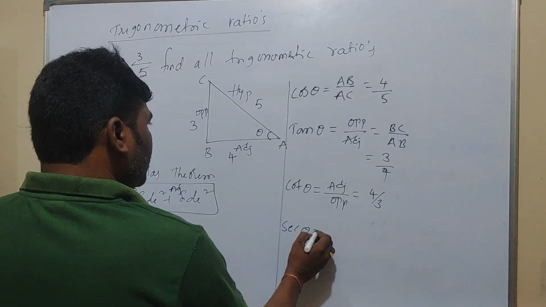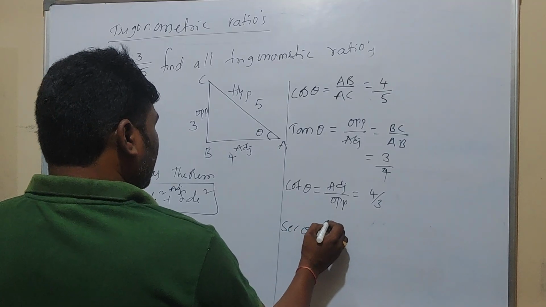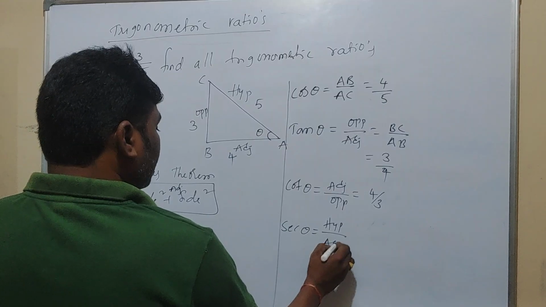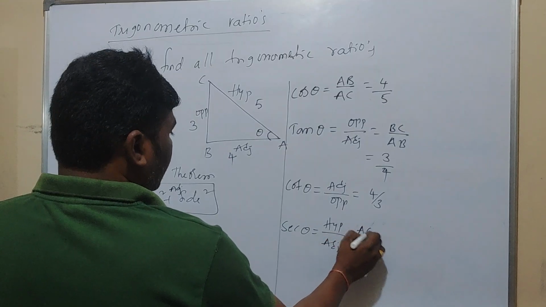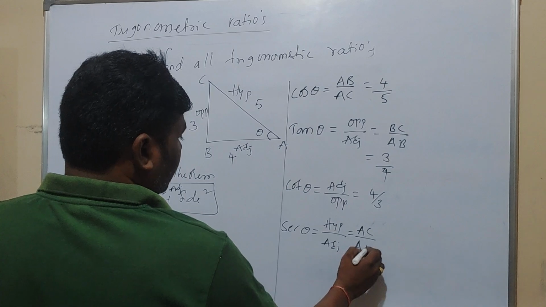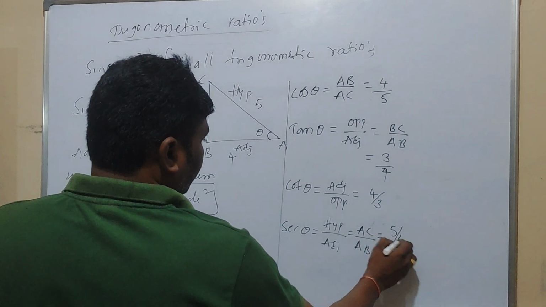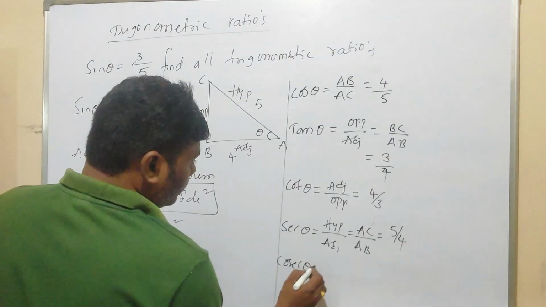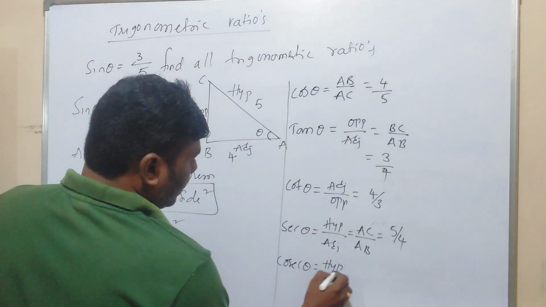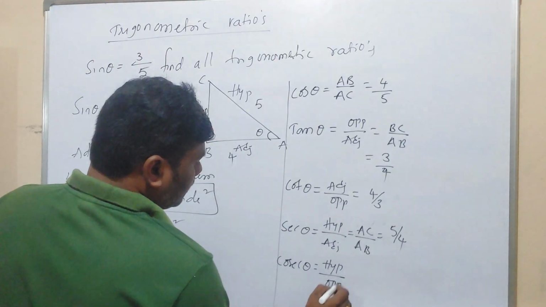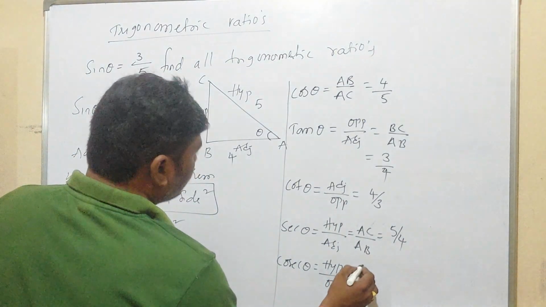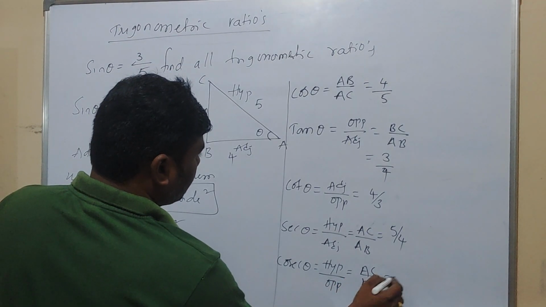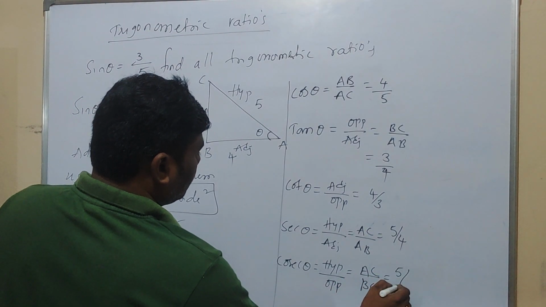Secant theta equals hypotenuse by adjacent, which is AC by AB, that equals 5 by 4. And cosecant theta equals hypotenuse by opposite, which is AC by BC, that equals 5 by 3.